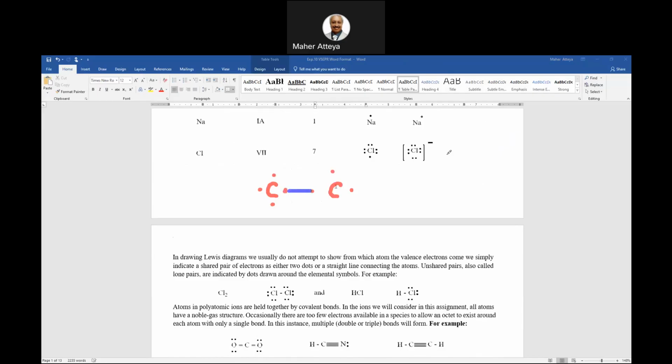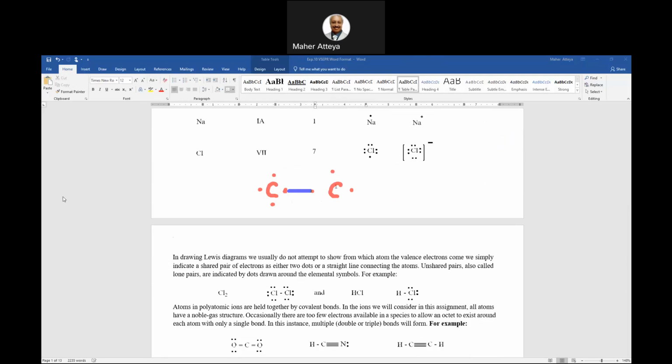So by connecting the 2 dots from 2 different carbons, I make a single bond. Okay, I can move one of those up and make a double bond.